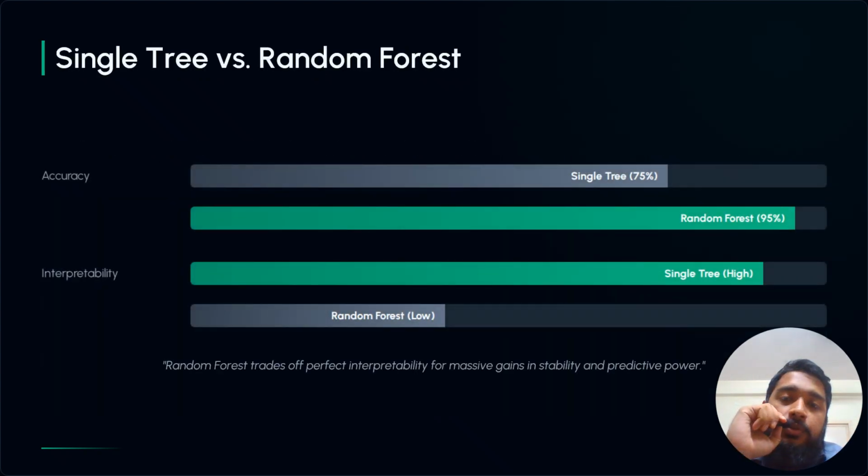I have demonstrated to you the difference in accuracy and interpretability of random forest and decision trees. As you can see, a single tree is leagues behind random forest when it comes to accuracy, but leagues ahead when it comes to interpretability. I mean, it is one tree, one damn tree.